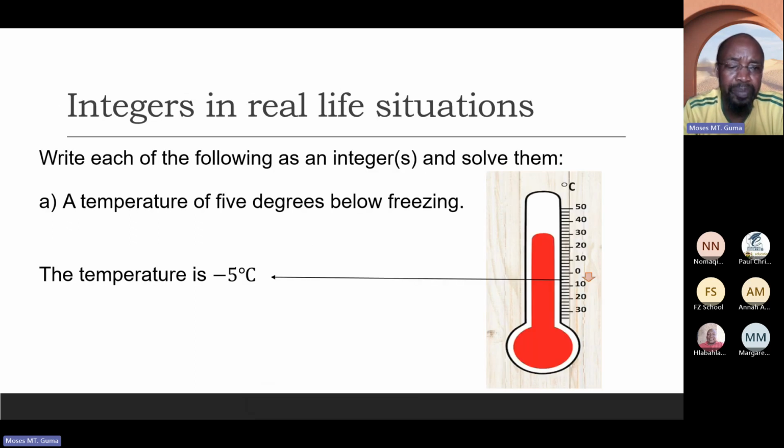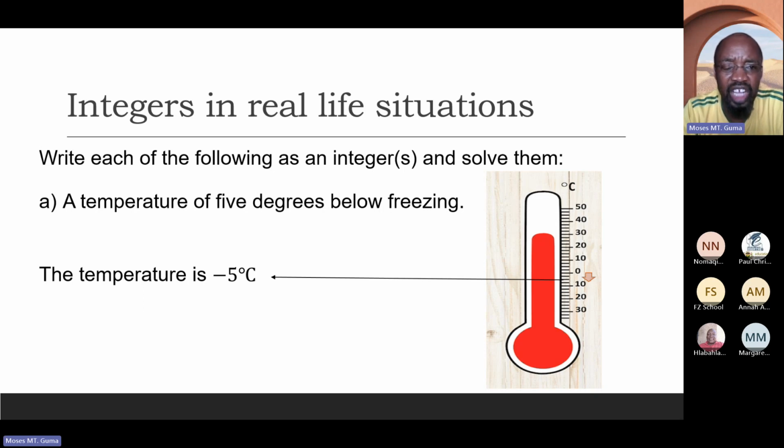Let's move on. Now, integers in real life, how do we use them? Where do we use them? When we measure temperature, we use integers. Write each of the following as an integer or integers to solve, and solve them. Now, let's write this as an integer.